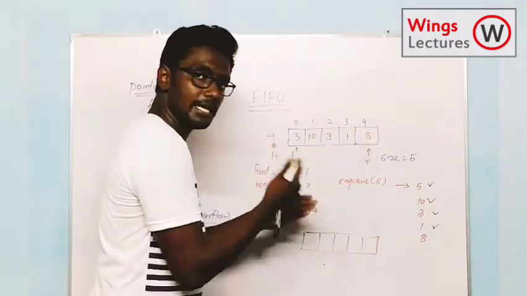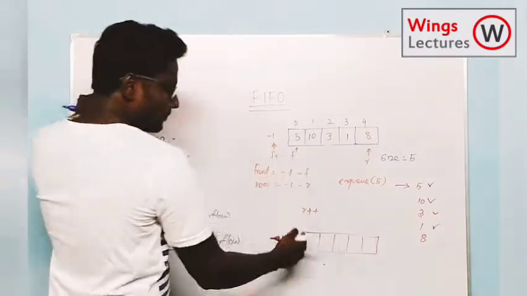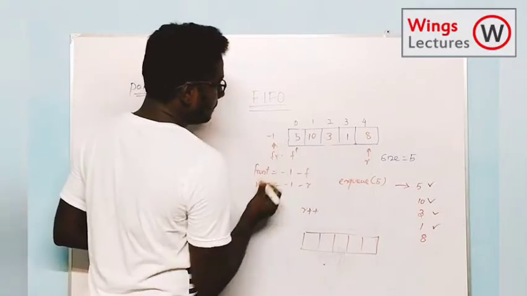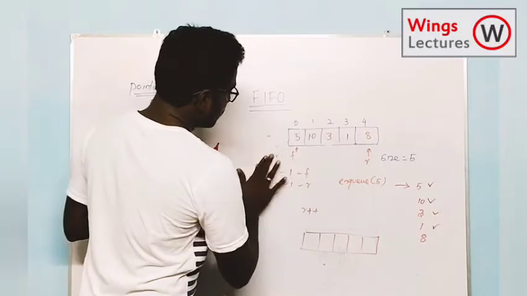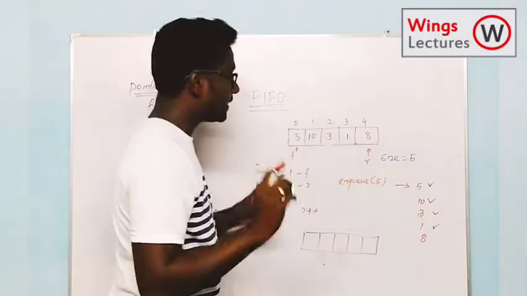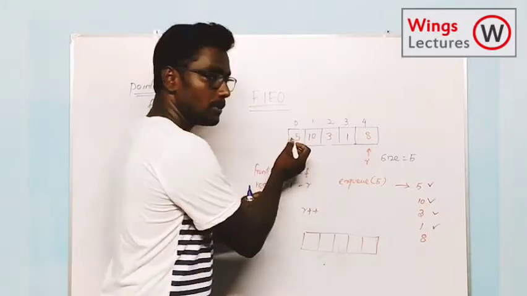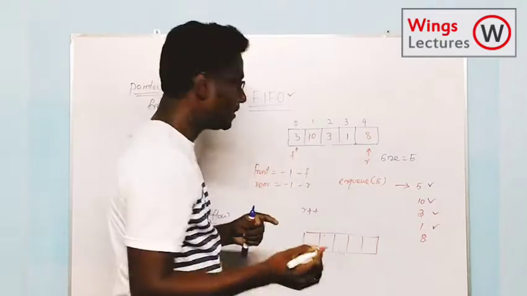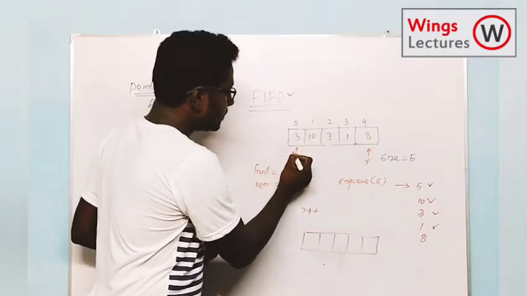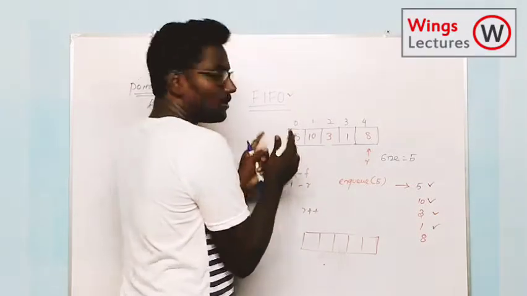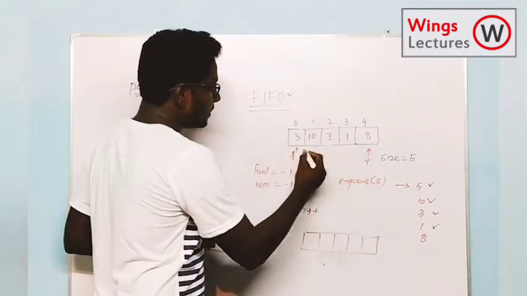When I'm trying to delete a data from this queue, after checking whether the queue is empty or not and satisfying the condition, my front pointer points to the first data, which is the first data entered into this queue, which is 5. As per the first in first out principle, I have to delete the first data by using this front pointer. Simply, I am going to increment it one step.